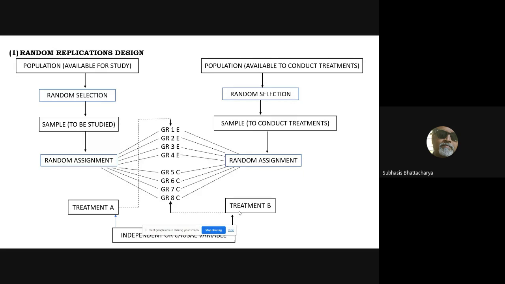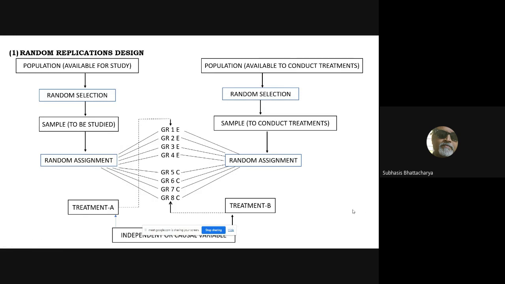Here we are showing 8 groups, considering the effects of non-control, control, and treatment groups. And the independent variable that is affecting is treatment A and treatment B.